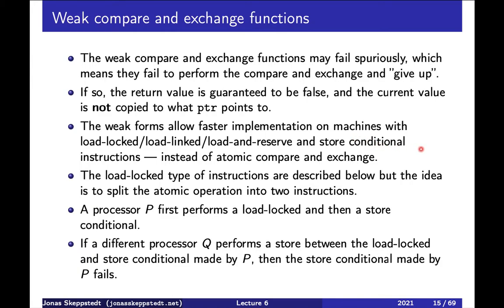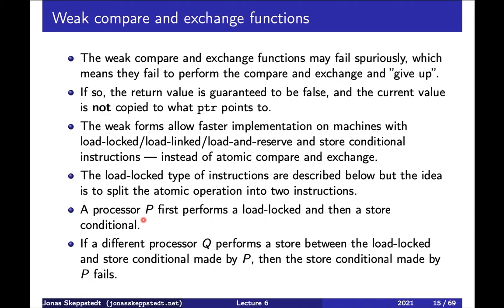So if processor P first does a load locked, and then wants in the future to do a store conditional, but a different CPU Q performs a store between the load locked by P and the future store conditional by P, then the store conditional by P will fail.